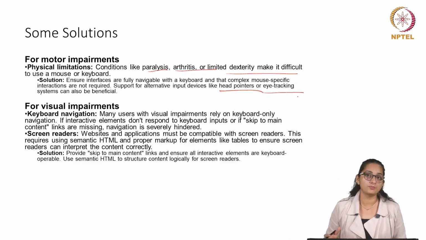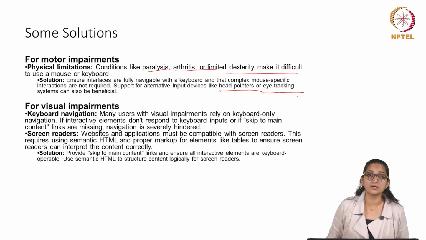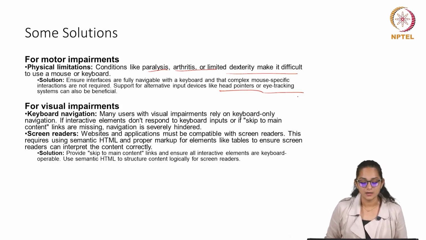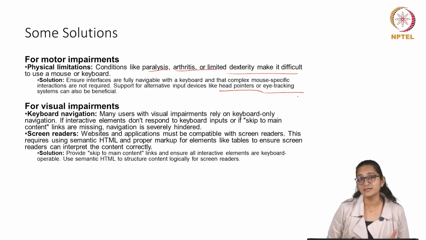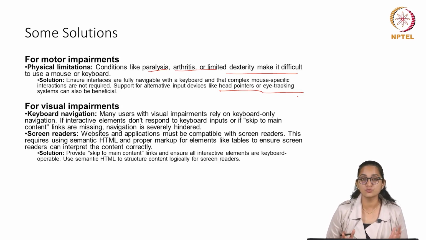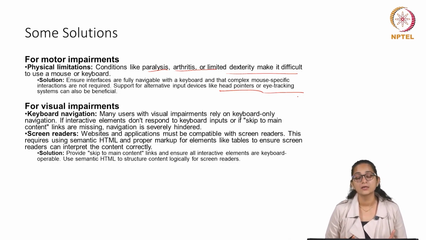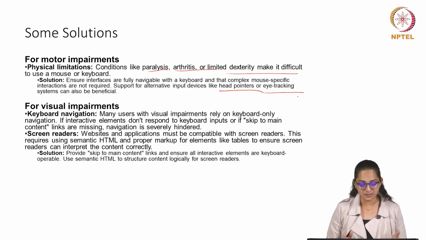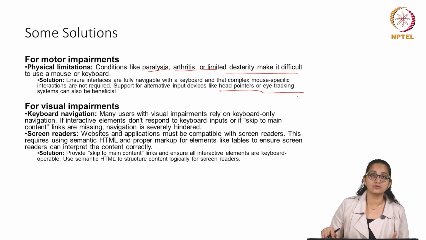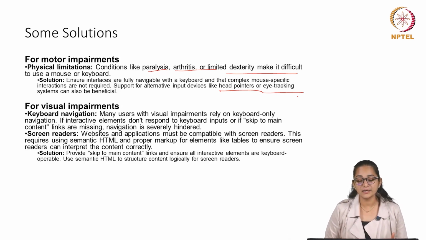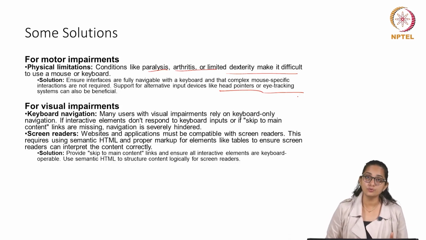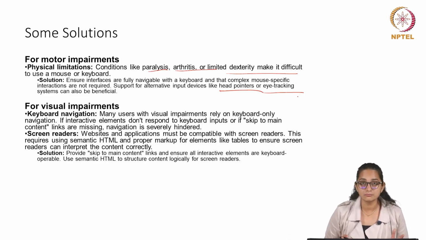If you are an expert in keyboard usage, probably you will be very well aware of what is in which region, because it's a standardized tactile layout, right? Most keyboards are QWERTY keyboards, and the layout is standardized with so and so keys on the left, so and so keys on the right, so and so keys on the top. So that is a very useful input. Wherever people with visual impairment go, they can use that keyboard.